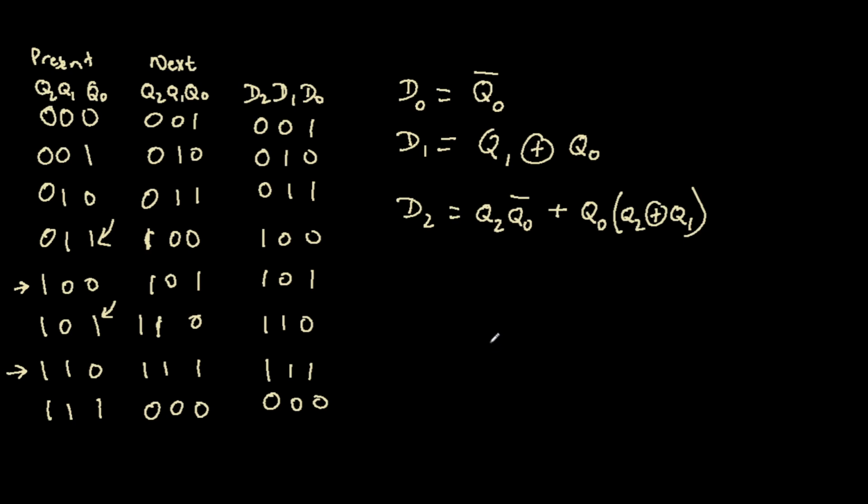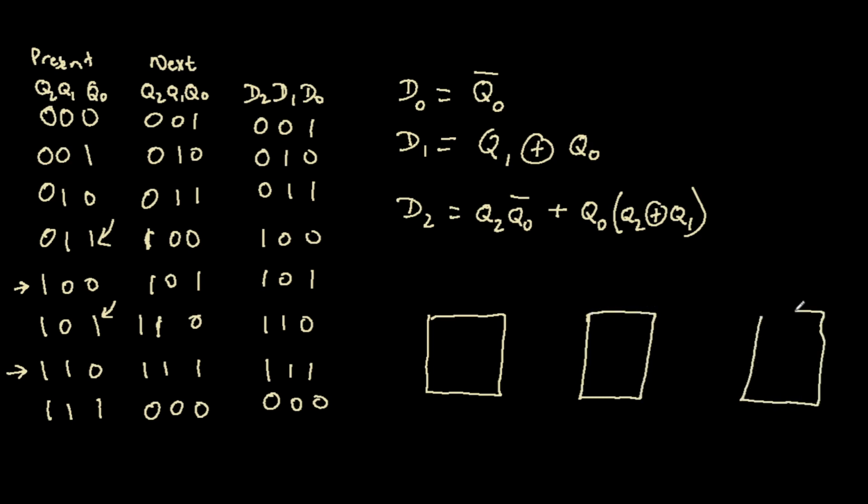So now we can draw our synchronous counter. It's a 3-bit synchronous counter, so we're going to need 3 D flip-flops. So this is the first flip-flop here, second flip-flop, and the third flip-flop. To try not to make this diagram messy, I will not put the entire circuitry together.